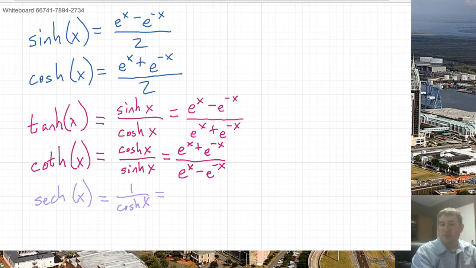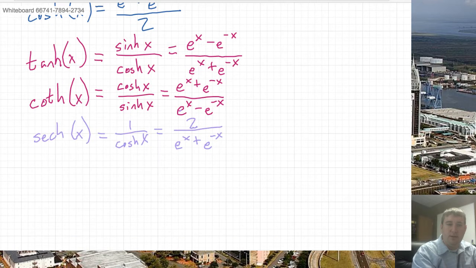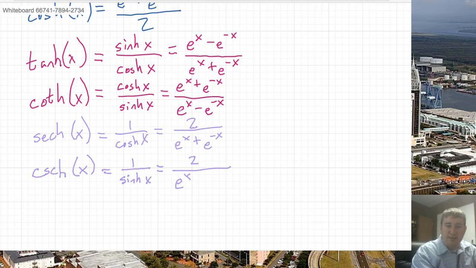And of course, since we're just dividing by a fraction, we can just flip the fraction. That's going to be 2 divided by e to the x plus e to the negative x. And cosecant, the hyperbolic version, will be 1 divided by hyperbolic sine. And that'll be the same, but with a minus.